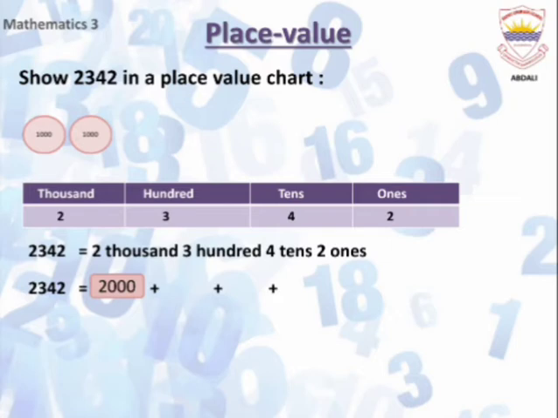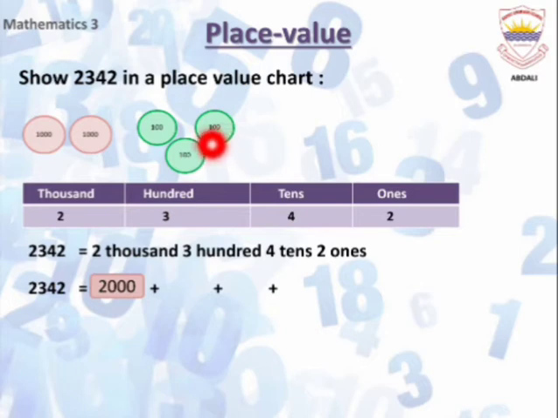Students, the value of digit 3 is 300. We show this 300 with the help of 3 green discs. Each green disc is of 100.